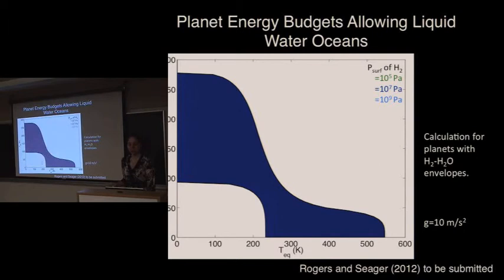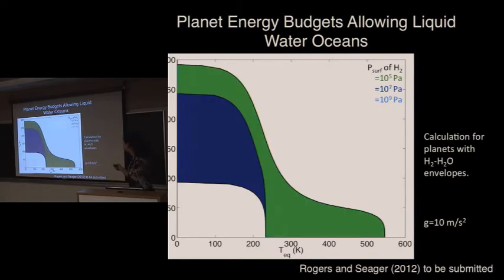Okay. We can do this for other choices of the surface pressure of hydrogen. So for lower surface pressures, we can have higher intrinsic luminosity fluxes, intrinsic temperatures, and the opposite for higher surface pressures of hydrogen.